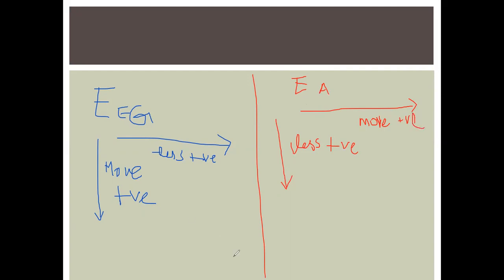And this is the major difference between the periodic trends of the electron gain energy and the electron affinity. For the electron gain energy, along the period it is less positive and down the group it is more positive. But for the electron affinity, it is the same magnitude but the opposite sign. Because of that, along the period it is more positive and down the group it is less positive.